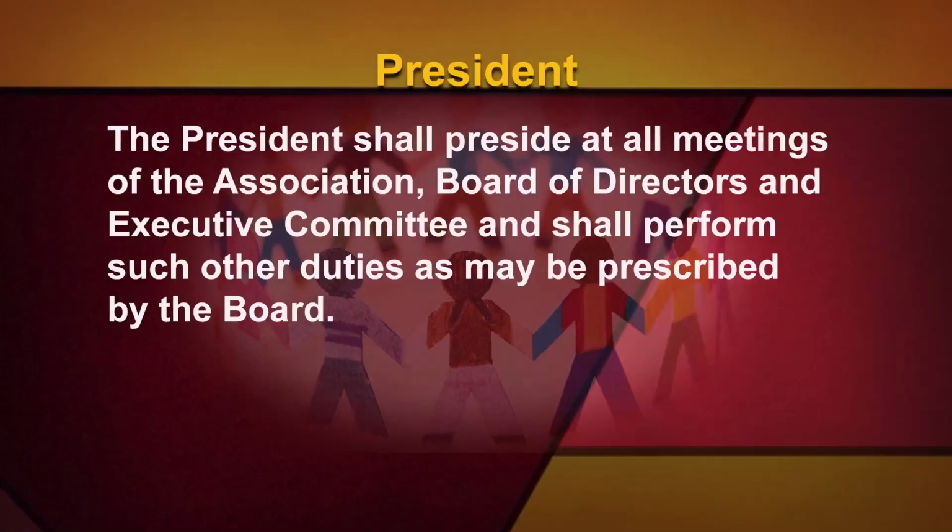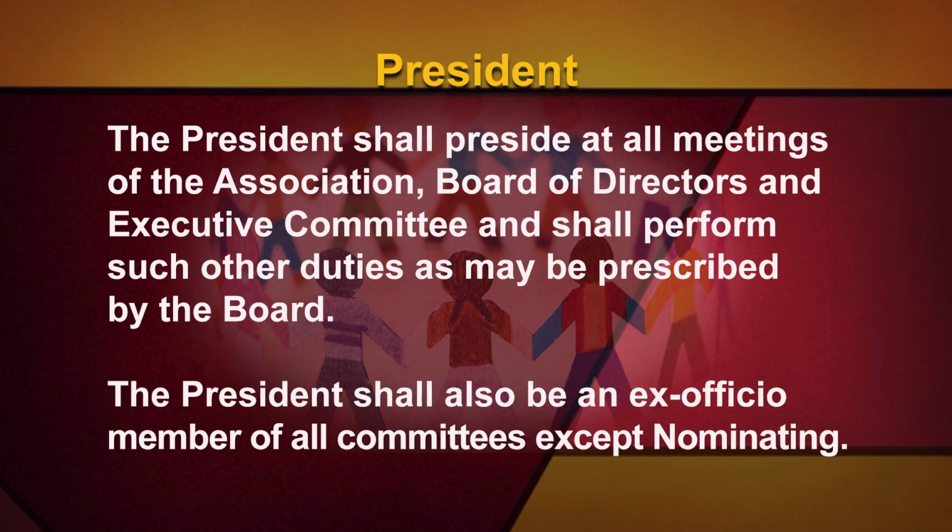By surveillance of assignments, the President assures the orderly execution of such a program. The President shall preside at all meetings of the Association, Board of Directors, and Executive Committee, and shall perform such other duties as may be prescribed by the Board. The President should also be an ex officio member of all committees except nominating.